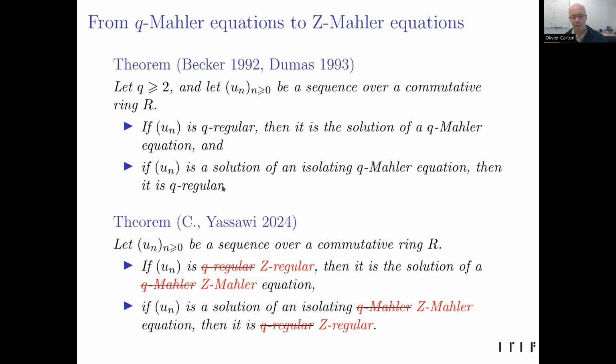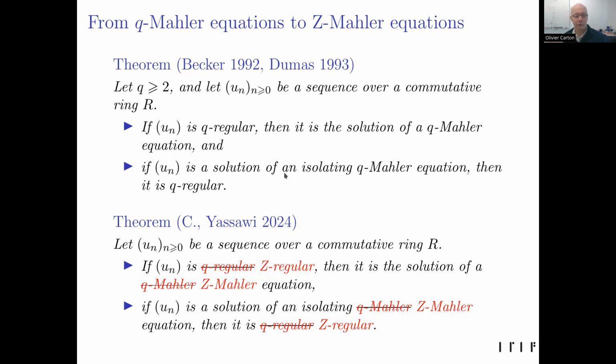So what we have obtained is the following. I recall the Becker and Dumas theorem, which says that if a sequence is Q-regular, then the attached power series is a solution of a Q-Mahler equation, and conversely, with the restriction of the equation being isolating.